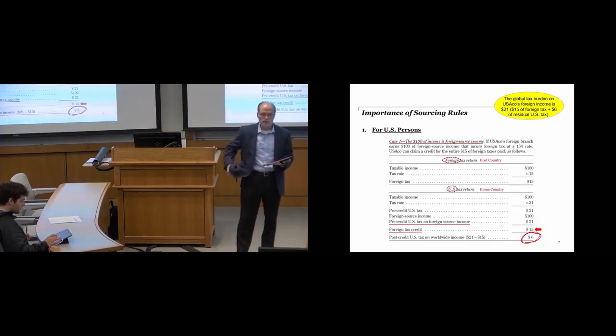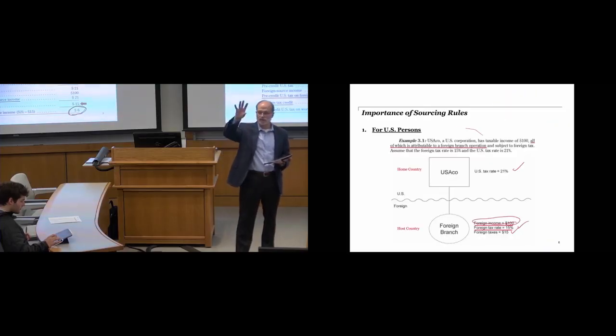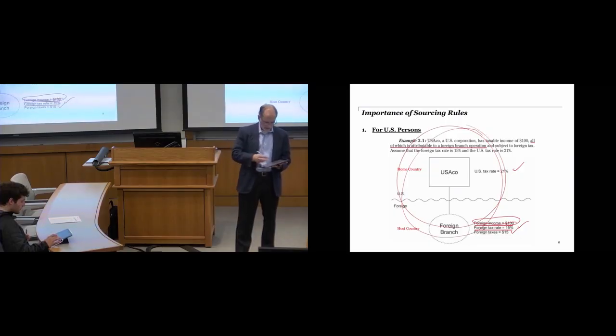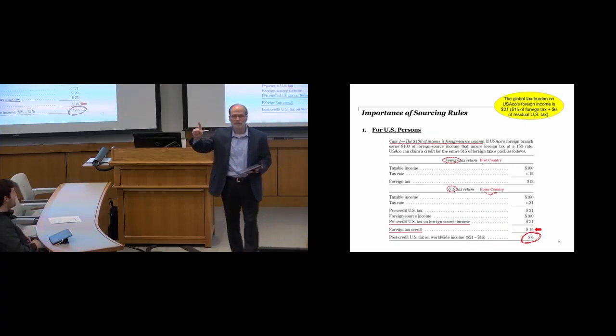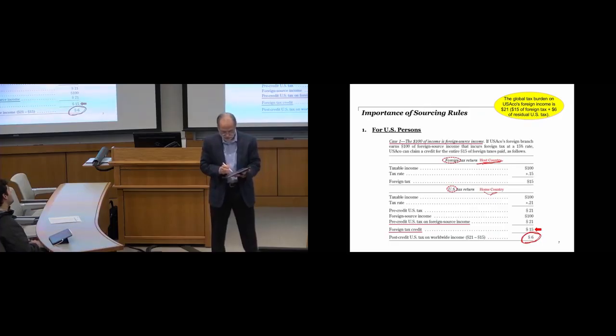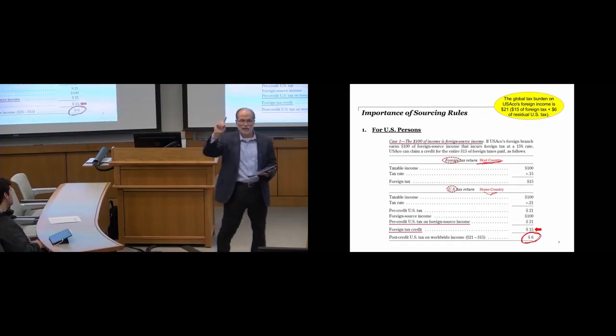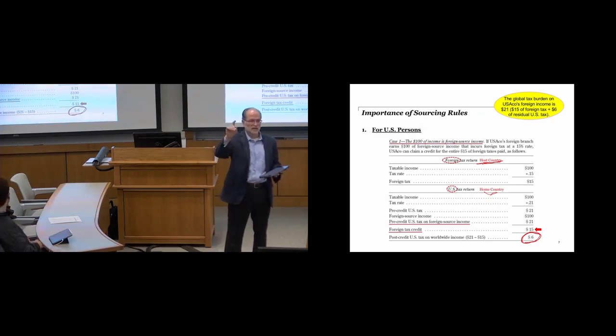The U.S. taxes worldwide income, so it's taxing all of this activity at one tax rate, right? Because it's a corporation, 21%. Effectively, what the U.S. is saying is the host country has primary right to tax this. So they get to collect whatever their tax rate is, which is 15. They get to collect that. And the U.S. says, but I think the tax rate for the worldwide income should be 21.